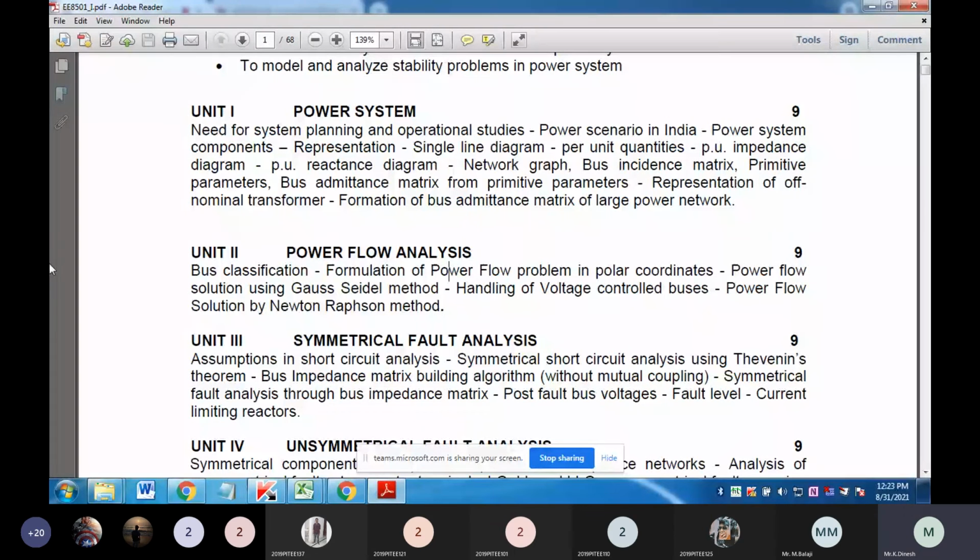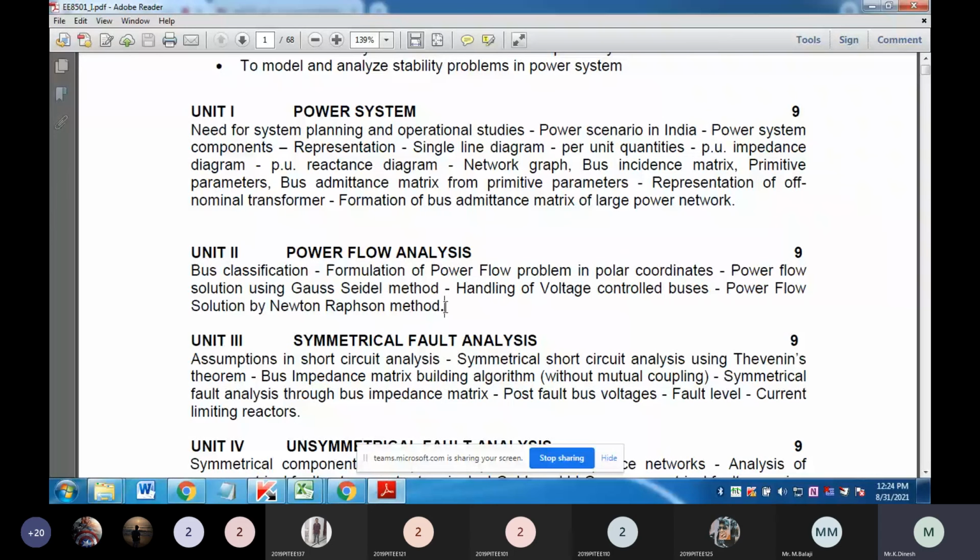The third is power flow solution using the Gauss-Seidel method, handling of voltage controlled buses. And the last is power flow solution by the Newton-Raphson method. So we have only 2 techniques in unit number 2: Gauss-Seidel as well as Newton-Raphson. We should discuss the flow chart for Gauss-Seidel as well as Newton-Raphson and try to solve some numerical examples. If you solve both cases, you may get completion of this unit.